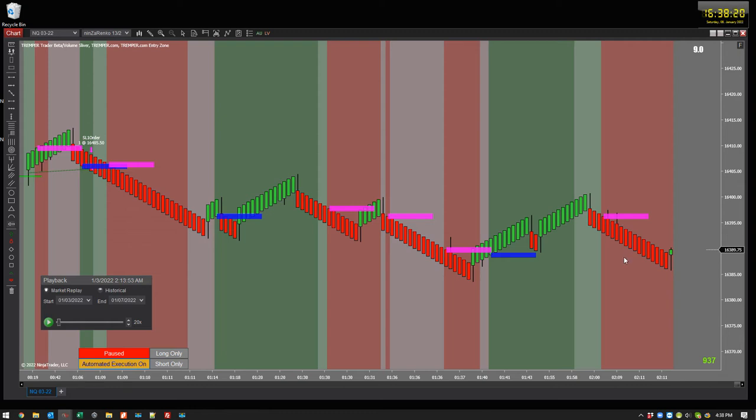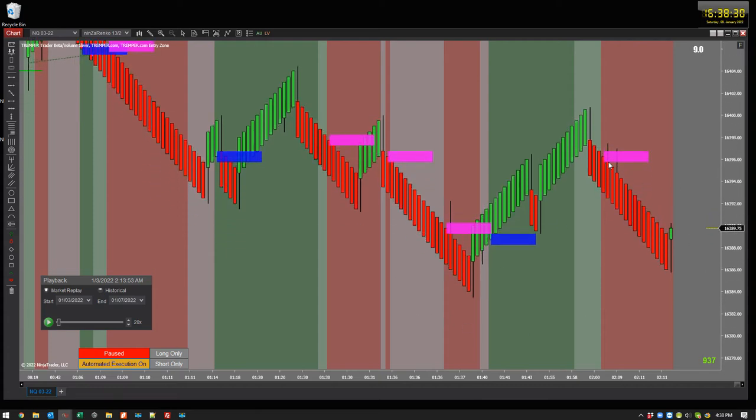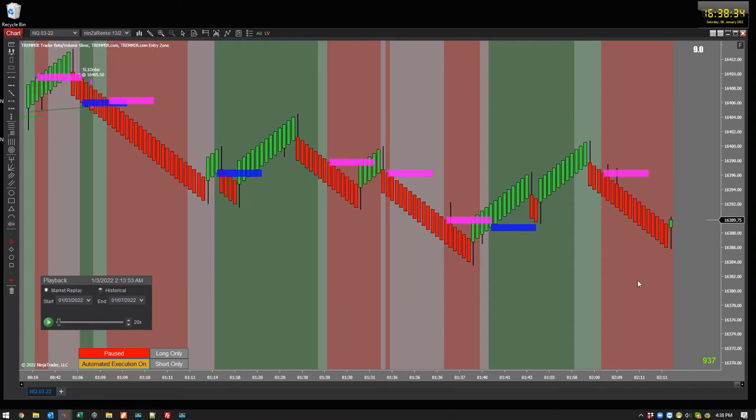That means as soon as it touches that, you'll start seeing the trigger. You're not going to see the trigger until it actually touches it. Once it touches the zone, and you can manipulate where you want the zone, higher, lower, whatever the case, and then once it does trigger, you can also manipulate how you want it to work. Limit order, stop order, positive offset, negative offsets, whatever the case may be, you can manipulate that.